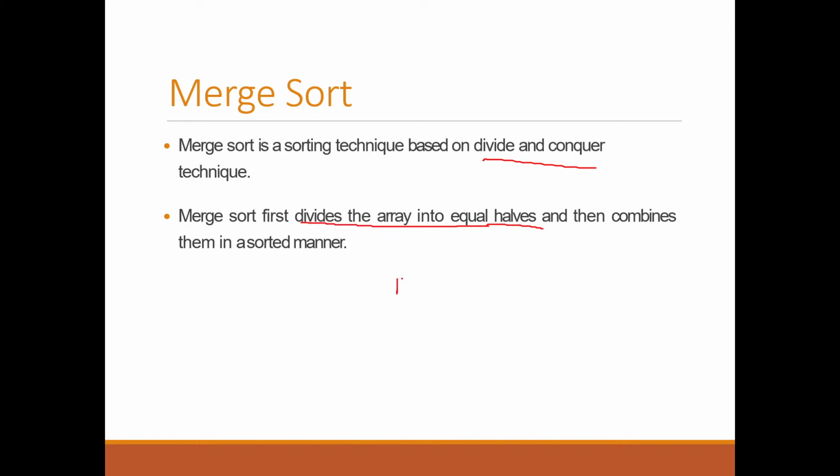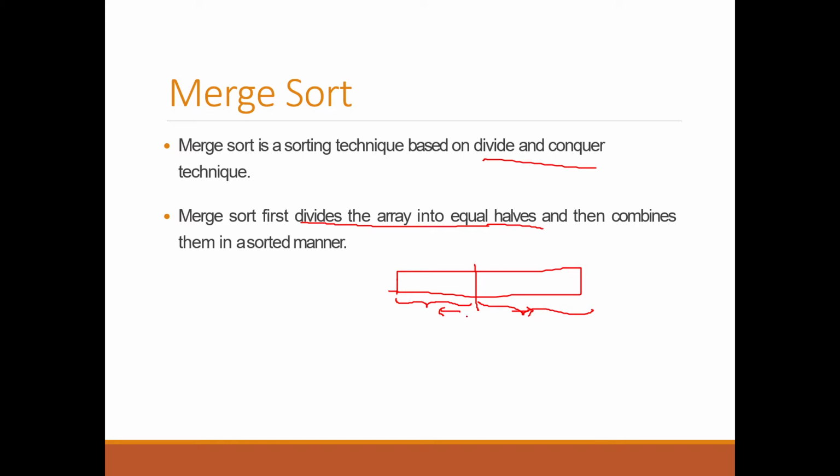So as we have studied in binary search, we find the mid and look either in the left or the right of the array for searching the elements. Similarly, in MergeSort also we find the mid of the array, and then this part of the array and this part of the array get sorted.